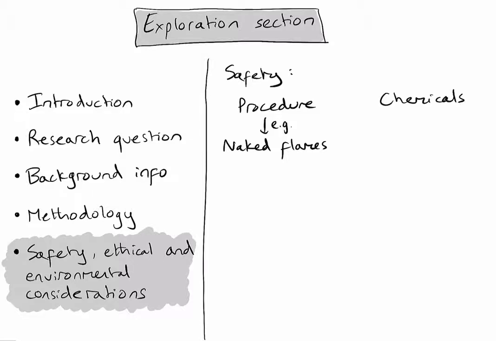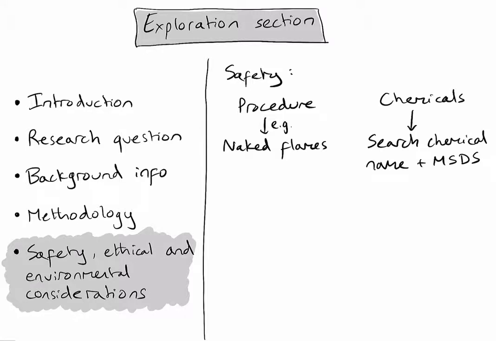To identify the hazards of specific chemicals, Google the name of your chemical followed by MSDS, which stands for Material Safety Data Sheet. This will provide a list of hazard symbols you can identify and suggest precautions you can take to minimize those risks.